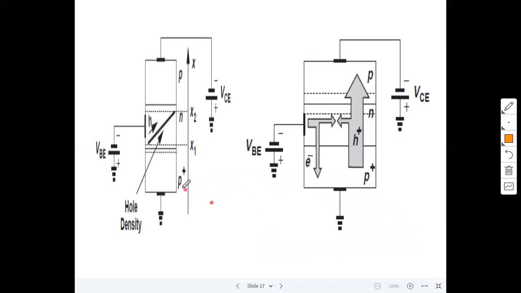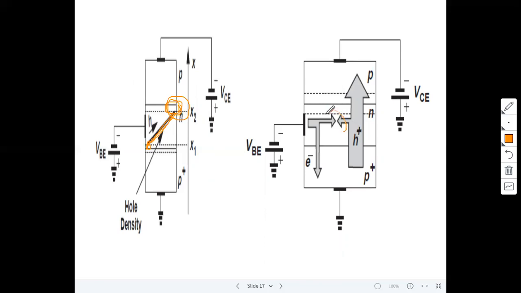Here are the same graphs in detail. Observe the hole density. The hole density is maximum at the forward bias junction and minimum at the edge of the reverse bias junction.